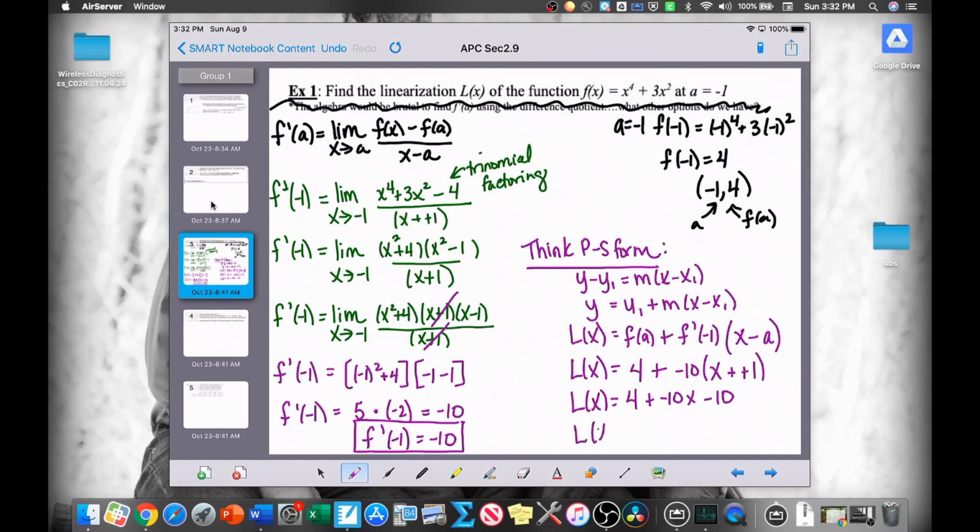And then finally, combining like terms, our linear approximation is going to be negative 10x minus 6. And again, I just want to reiterate that this was the exact same process as finding the tangent line to the curve at a given point, except in this section we are calling it a linear approximation to our curve, or to f at a.